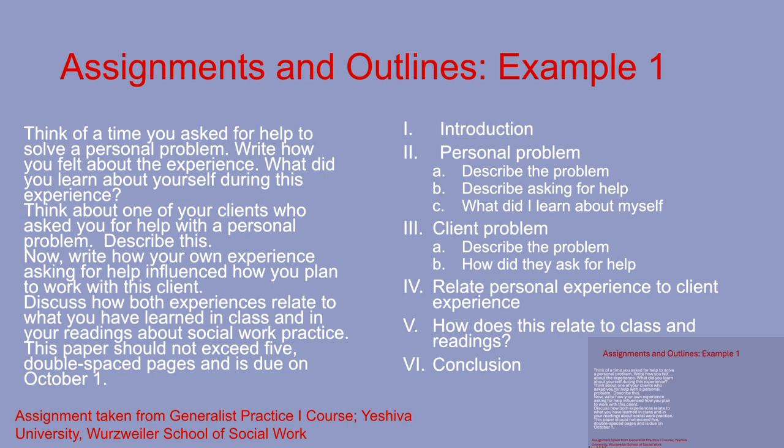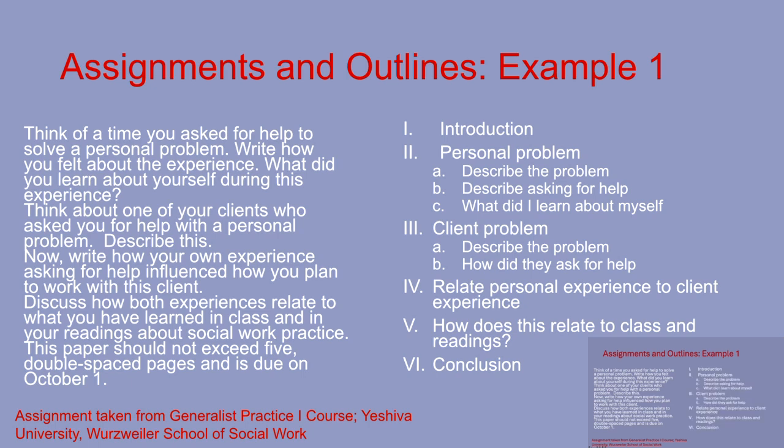Write how you felt about the experience, what you did to learn about yourself during this experience, and think about one of your clients who asked you for help with a personal problem and to describe it. Now write about how your own experience asking for help influenced how you plan to work with the client. Discuss how both experiences relate to what you have learned in class and in practice about social work practice. So there's a lot of requirements for this, and you want to make sure that you address all of them.